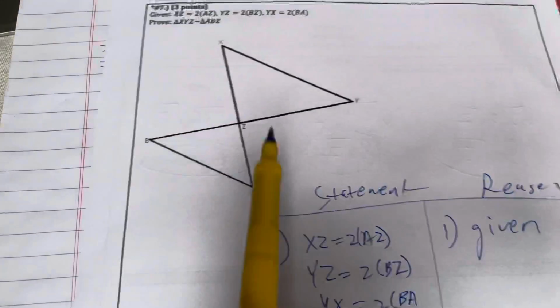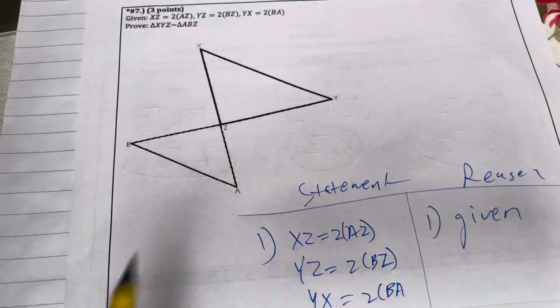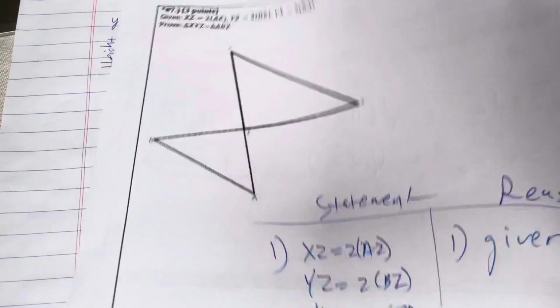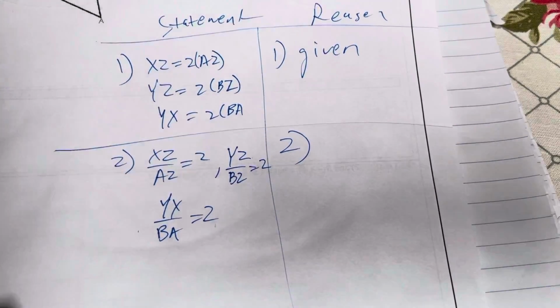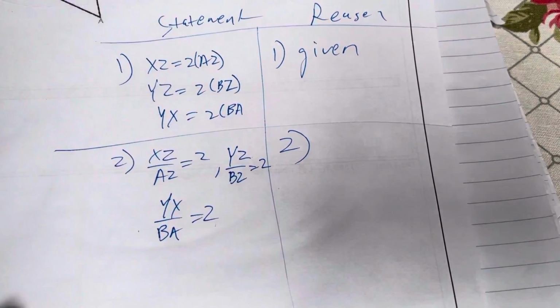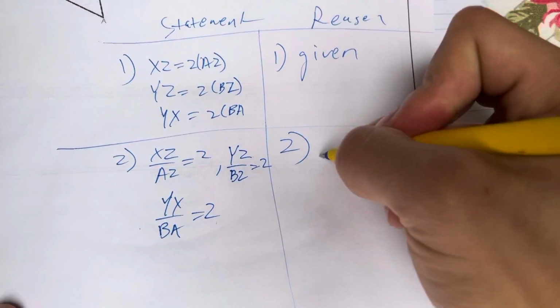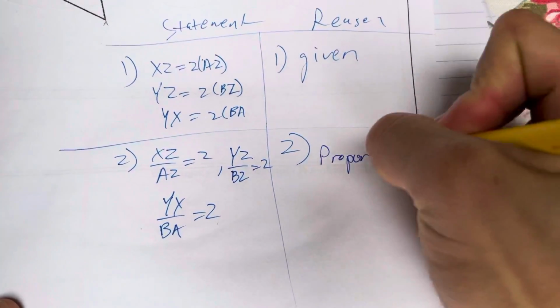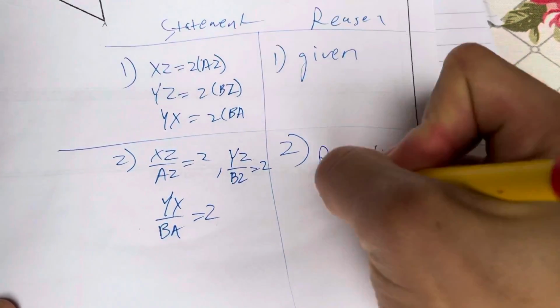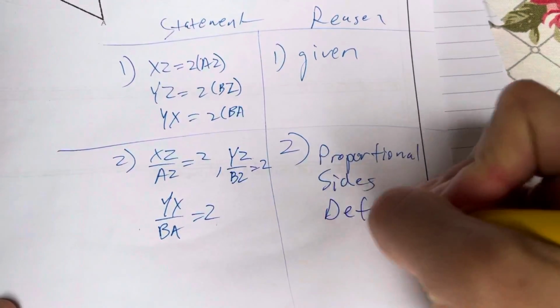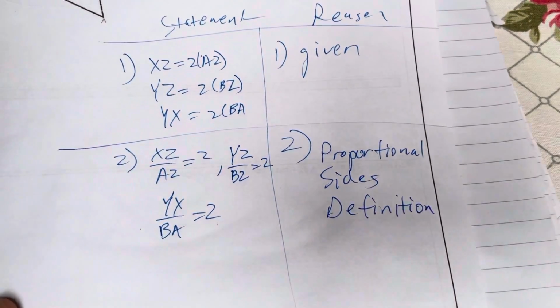That means that this triangle is twice the size of this triangle. And so the justification for number 2, which was written in our notes, was proportional sides definition. And very few of you guys actually wrote this down.